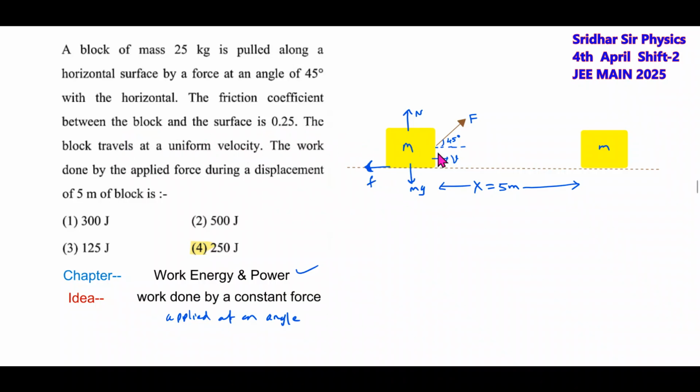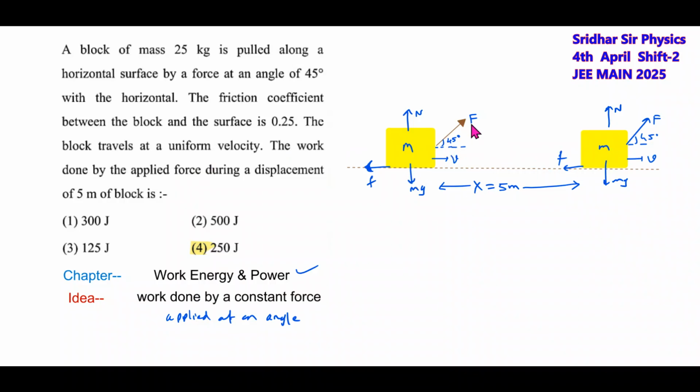The block travels with a constant speed v. The force will be acting like this only. We are not going to change the direction of force. Then these are the forces that will be acting. Then find the work done by the applied force during a displacement of 5 meters on the block.